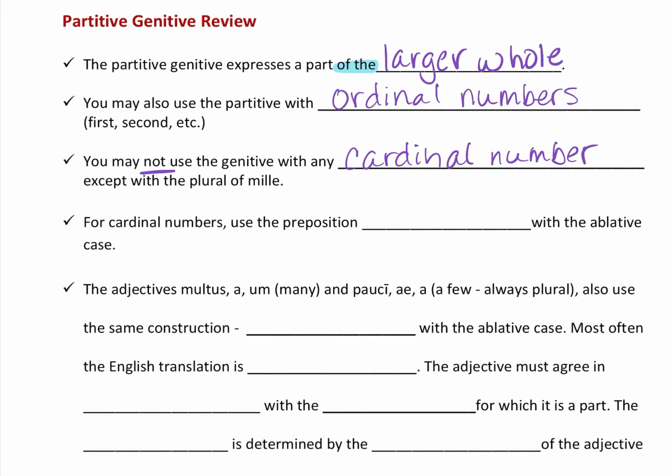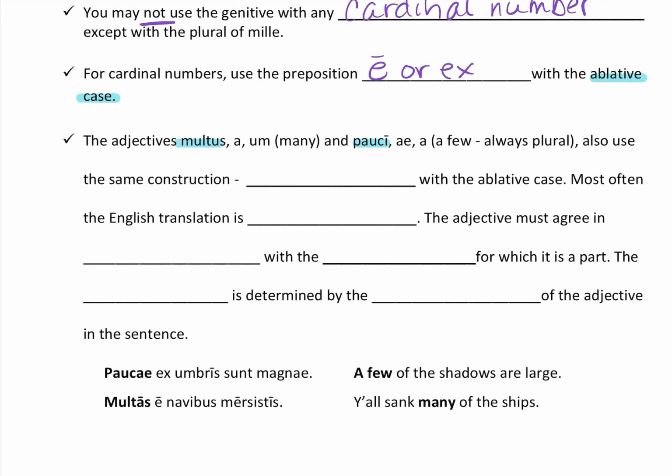So for cardinal numbers, instead of using the partitive genitive, we're going to use the preposition e or ex with the ablative case. So the adjectives multi, many, and pauci, which means few, and remember few is always plural, also use the same construction.